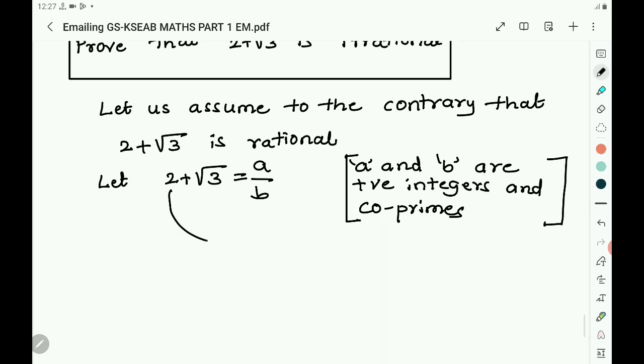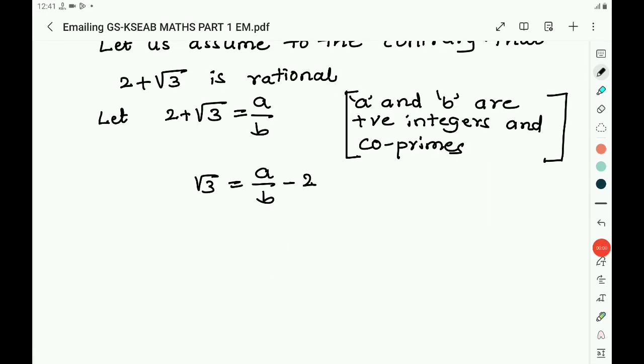Then you transfer this 2 to the RHS, keep root 3 in the LHS. That is root 3 equals a by b minus 2. Then root 3 equals, in the RHS take the LCM.